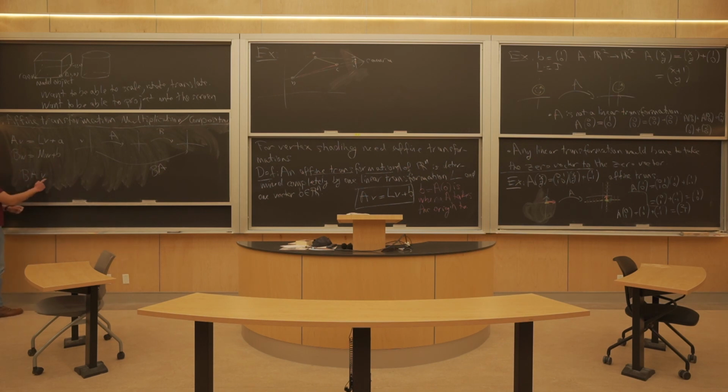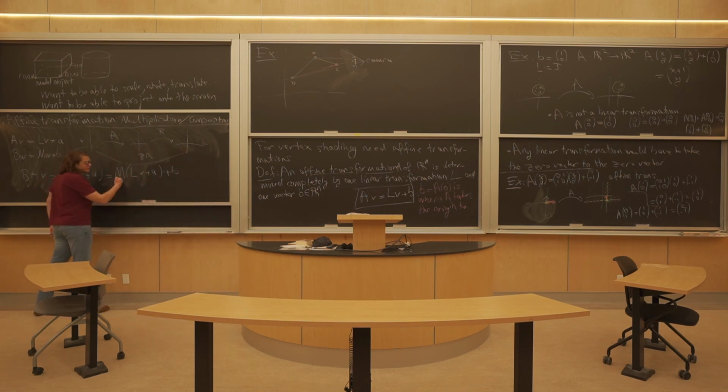So first I need to apply A to V. Okay? So let me leave B as is and open up A. That gives me LV plus A, which then I can plug in as W to expand even further. So this would turn out to be M times LV plus A plus B.